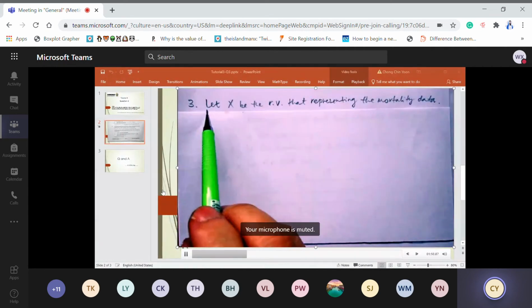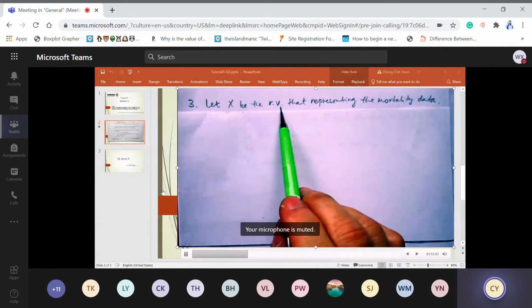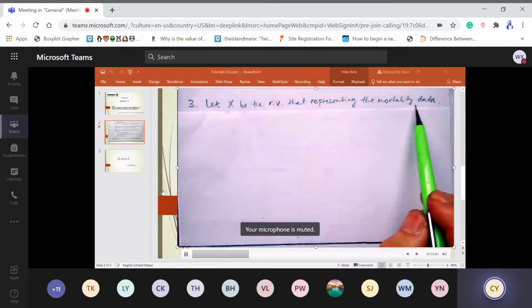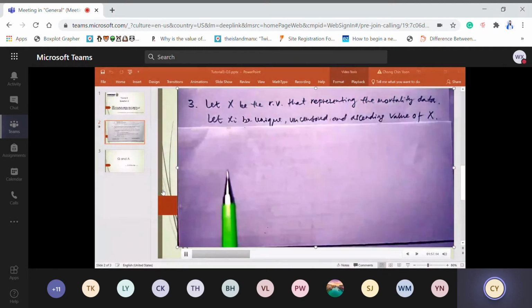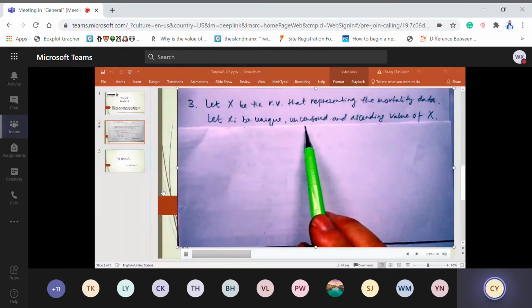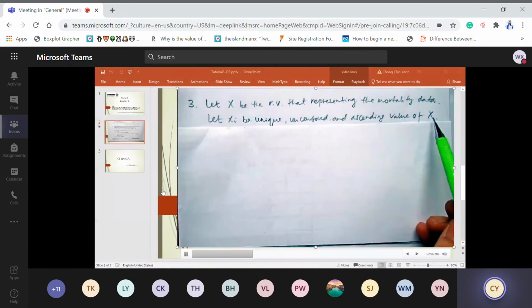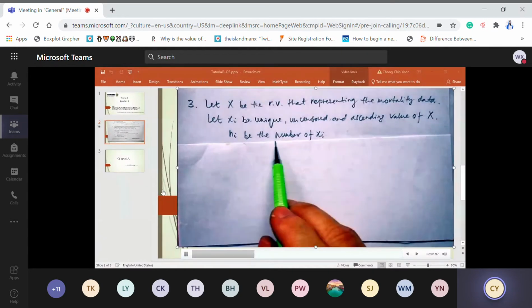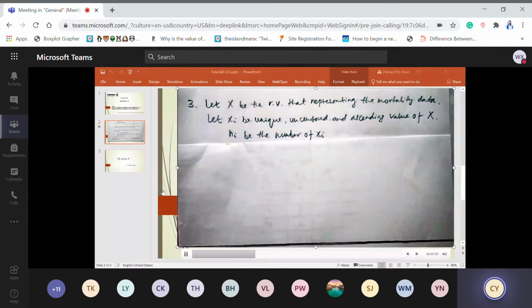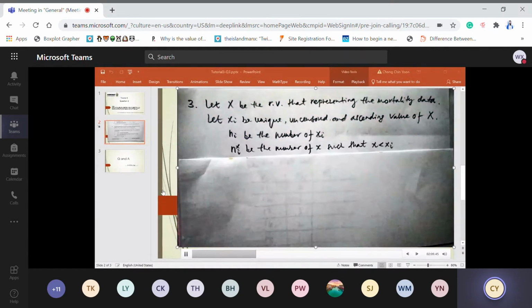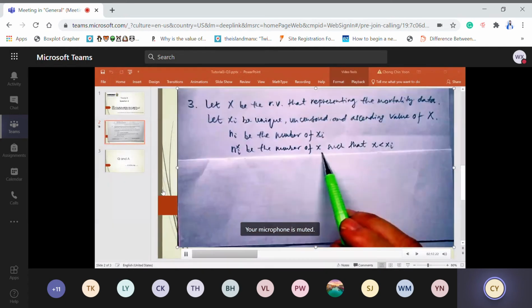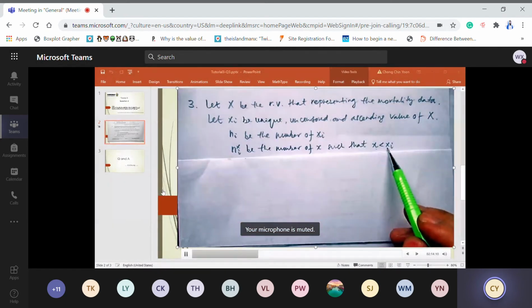Solution for question number 3. Let X be the random variable representing the mortality data. Let Xi be the unique, uncensored, ascending values of random variable X. Let Ni be the number of Xi. Let Nxi be the number of X such that X is strictly less than Xi.